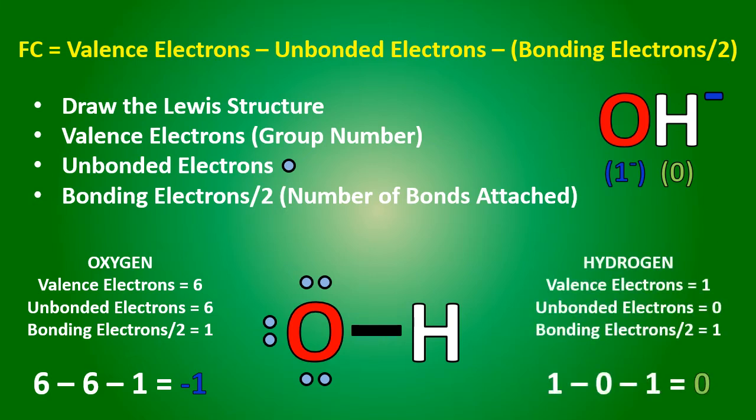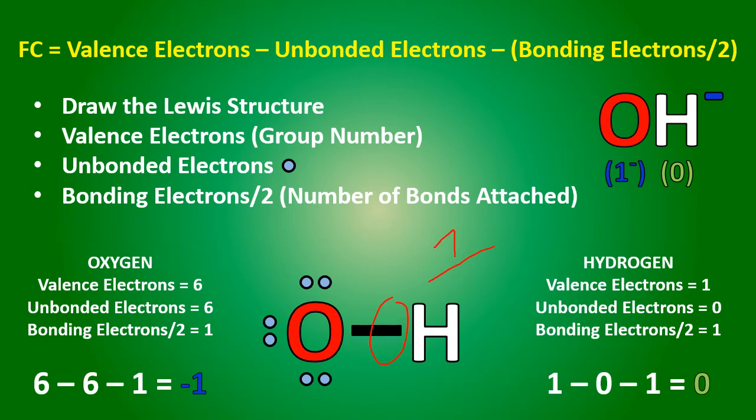For hydrogen, I've already mentioned that the formal charge is always going to be 0 because we've got a group of 1 for hydrogen. So group 1, so 1 valence electron, minus 0 unbonded electrons. There's no dots that you can see around that, minus the 1 bond.